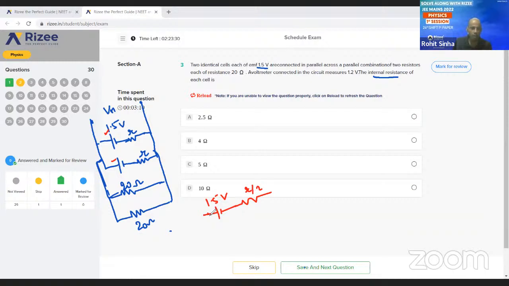They are connected with two resistances of the same value, 20 ohm and 20 ohm. Their equivalent is 10 ohm, because two resistances in parallel give 10 ohm. So here it is written as 10 ohm.